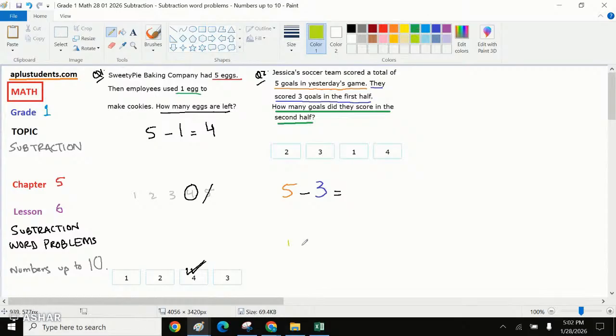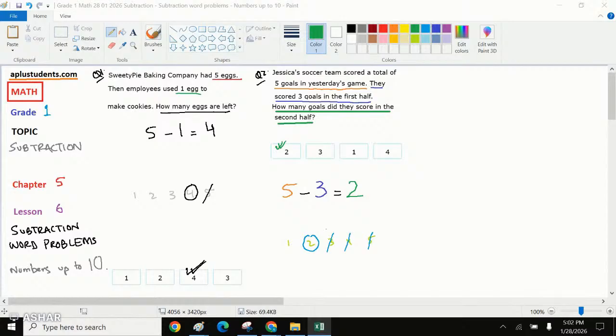We can write down the numbers 1, 2, 3, 4, 5. If 3 goals were scored in the first half, then how many goals were scored in the second half? 2 goals were scored in the second half. Okay, do we agree?